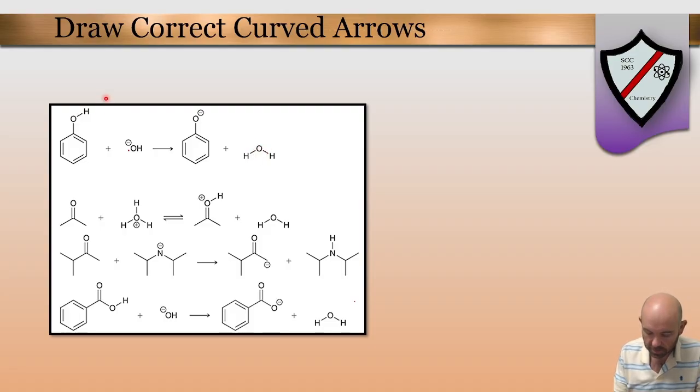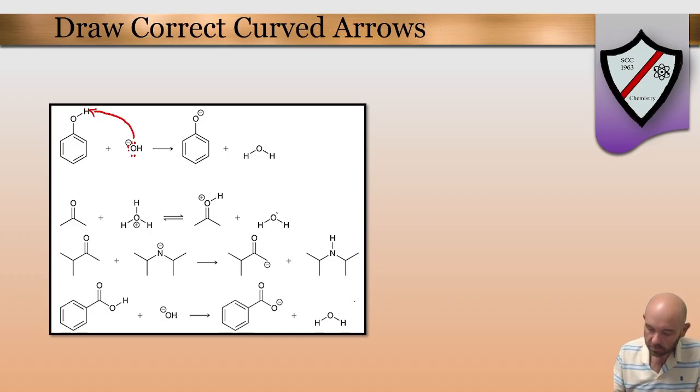So it looks like it might be easy if we go ahead and draw our lone pairs on the hydroxide ion there and show one of those lone pairs forming a new bond with the hydrogen atom.